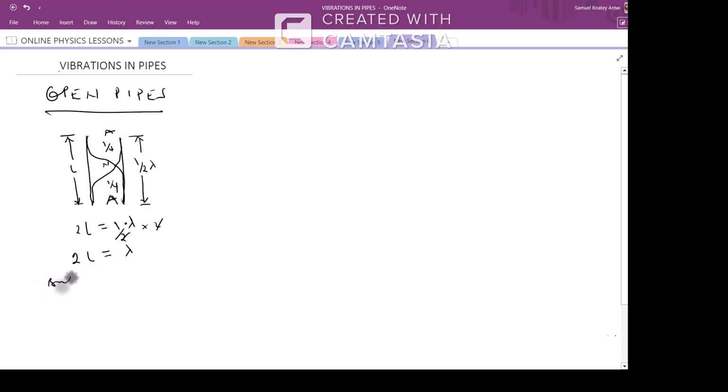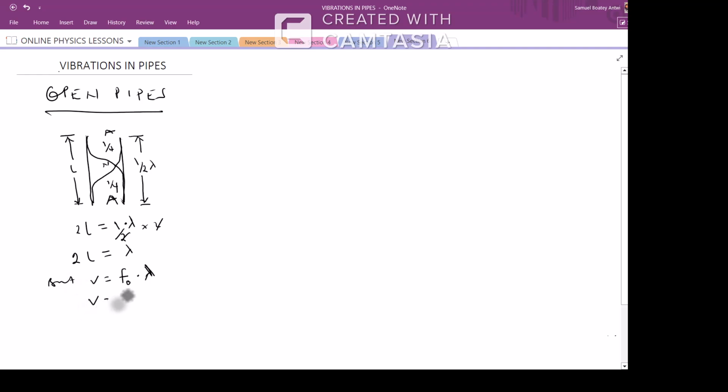But our velocity and then the frequency we are discussing here, which is our fundamental frequency, times lambda. So our V equals F lambda. This is what we know. And then we know that lambda is twice the length of the pipe.